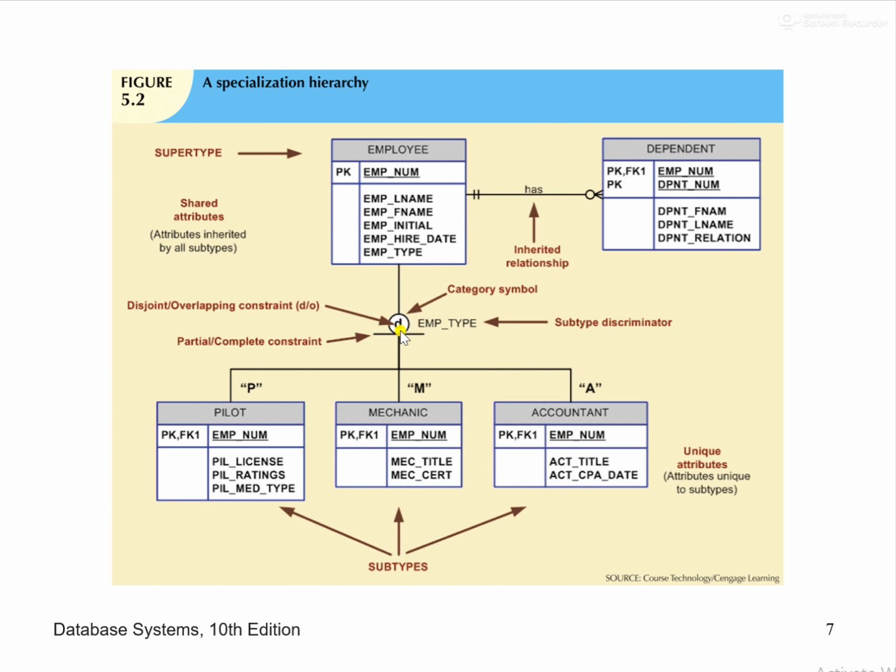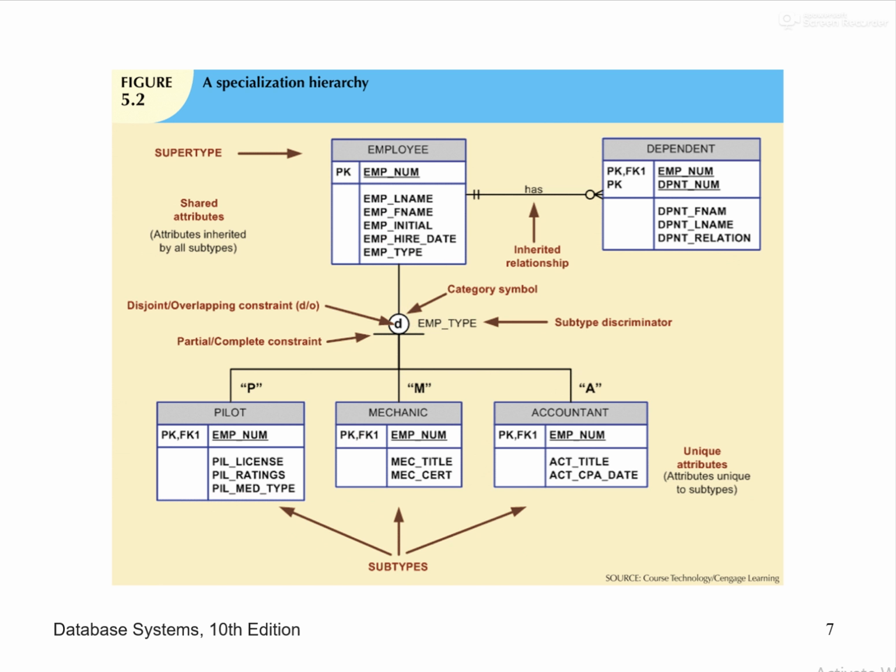The relationship here that we did not write, but which exists when we have such a supertype and subtype entity relationship, is called an is-a relationship. So for example, pilot is an employee, mechanic is an employee, and accountant is an employee. So the relationship between this supertype and subtype entity is an is-a relationship.